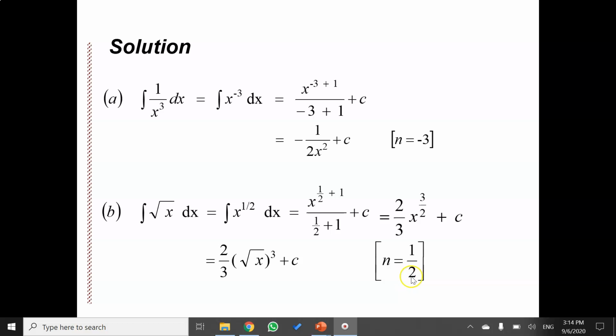Plus c. So in this case, our n is actually 1 over 2.